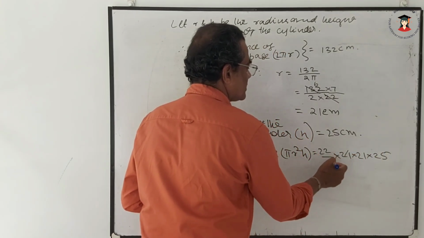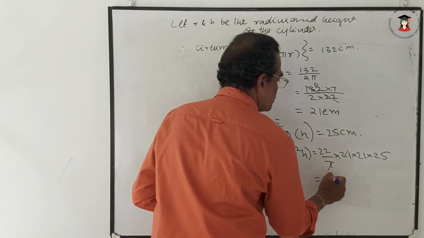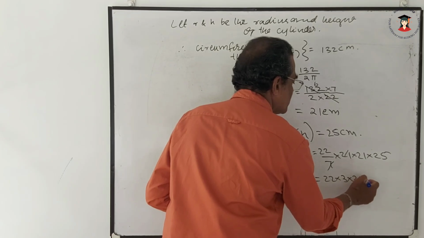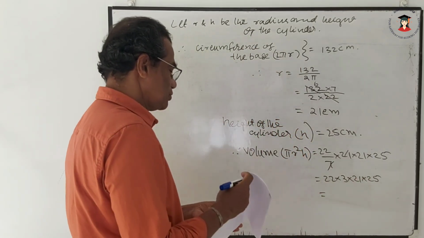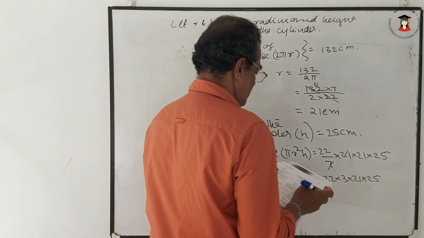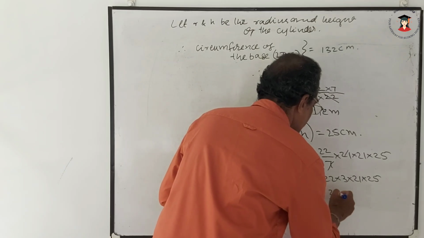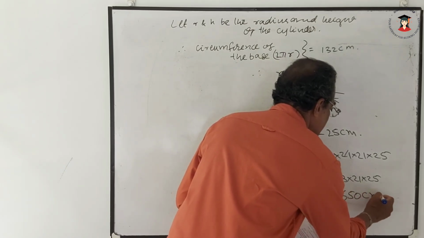So 7 and 21 will go, you will get 3. So 22 into 3 into 21 into 25. This will be equal to 34650 centimeter cube.